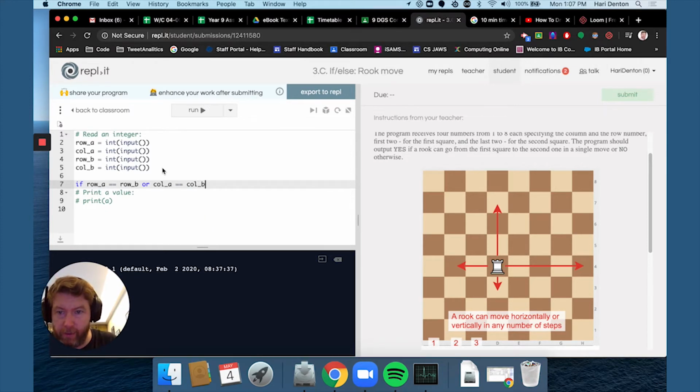So if the column's the same or the row's the same, then it's a valid move. Else it's invalid, and we print no, I believe.